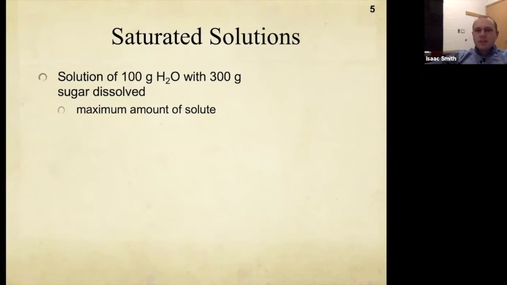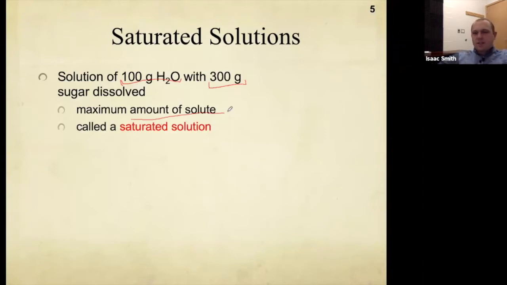The solubility we've already talked about for sugar is 300 grams per 100 grams of water, okay? What that tells us is that if you have a cup that's full of 100 grams of water or 100 milliliters of water, the most amount of sugar that you can get to dissolve is 300 grams of sugar. Okay, that's the maximum amount of solute that can dissolve.